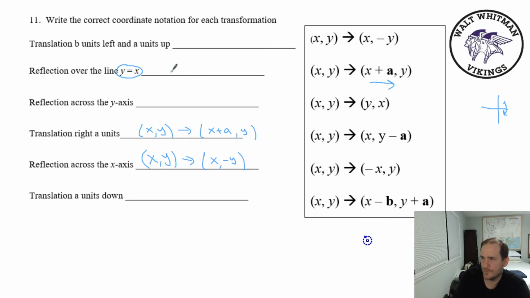So xy maps onto yx. Then this one, they're subtracting a from y. That's going to pull us down. So you're looking for the one that says translation a units down. Here it is at the bottom: xy maps onto x comma y minus a.